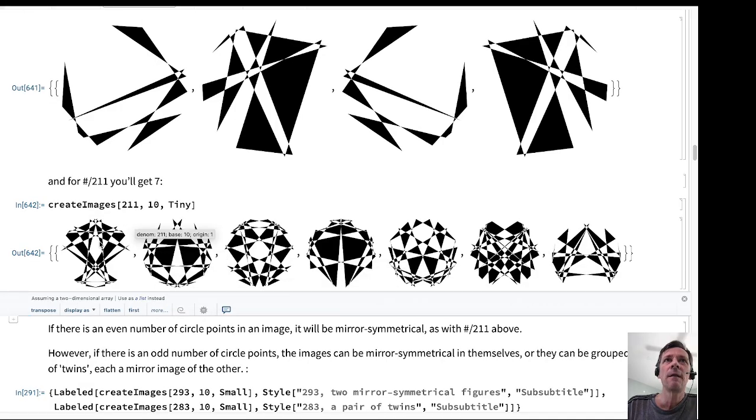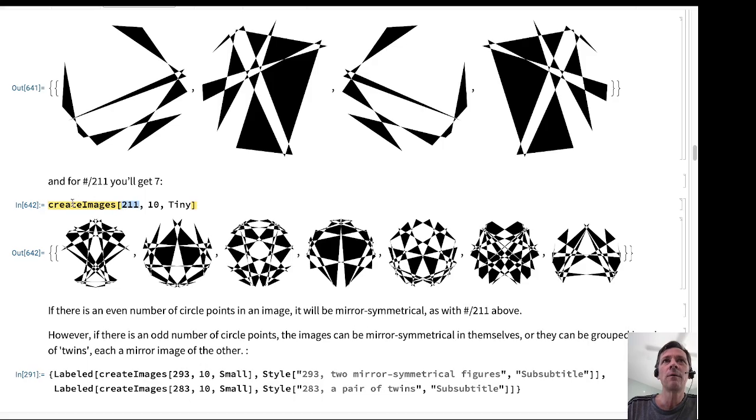Okay, and how many vertices or edges are there in each polygon? Well, 211, we go down to 210, and with 7 of them, 210 divided by 7 is 30. Each one of these is actually a 30-gon, has 30 edges or 30 vertices. Okay, so what are those? Is that a tridecagon?